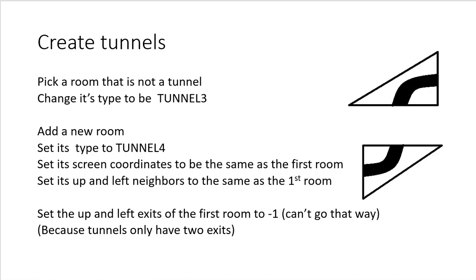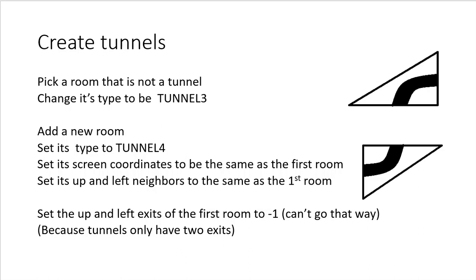Or we do the opposite: we take a room, convert it to be a tunnel 3, then allocate a new room, make it the matching type of tunnel, and set its up and left neighbors to be the up and left neighbors of the original room. Then we disconnect the original room's up and left neighbors because you can't go that way anymore.